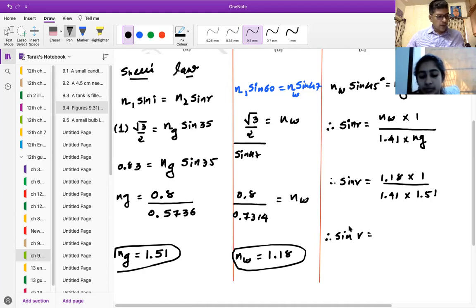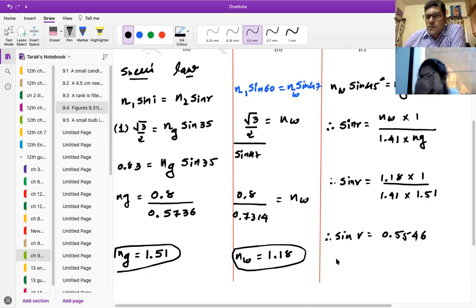It is 0.5546. But we don't want 0.5546, we want r. So in exams, if they haven't given you this value, you can mention sine inverse of 0.5546.